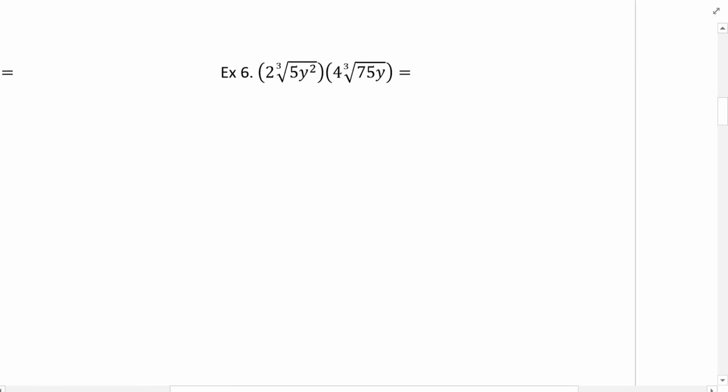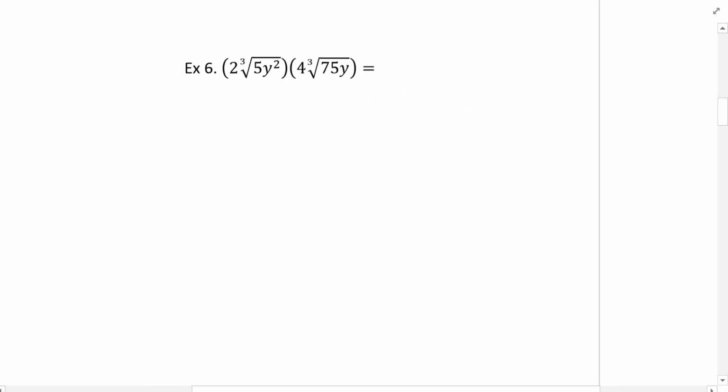Now, let's take a look at example 6. We have 2 cube root of 5y squared times 4 cube root of 75y. So we will multiply the 2 times 4, which is 8. Both of them are cube roots, so we will make a bigger cube root where we put all the terms.